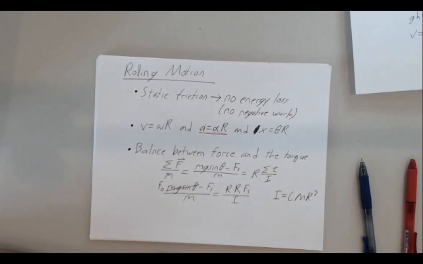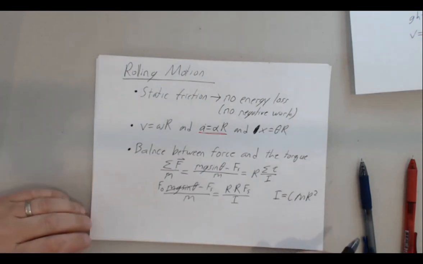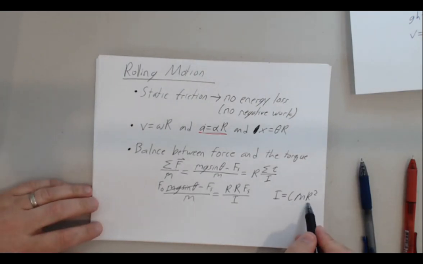Okay? For a thin hoop, c is 1. For a cylinder, c is a half. For a sphere, it's 3/5. For a, pick your shape, right? All it does is change the c. It doesn't change the m and the r.